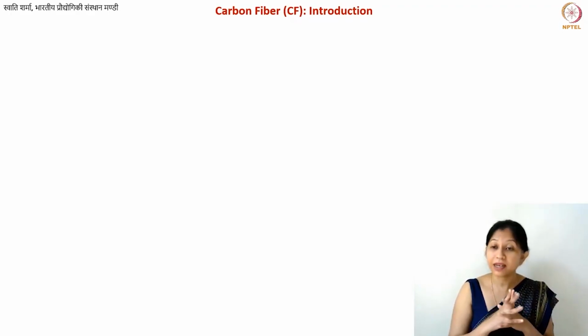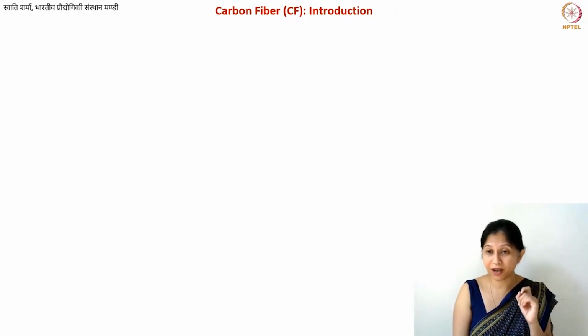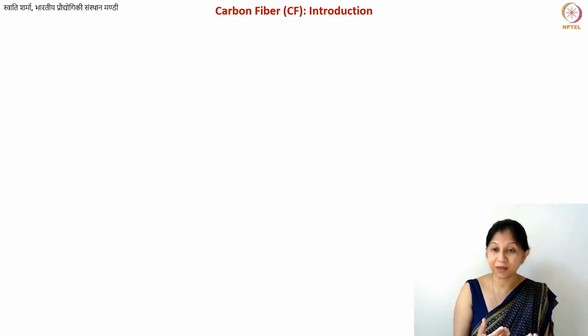But we also have the diameters of individual carbon fibers in the micro, or sometimes even in the nanoscale. So that is why I'm saying that these can be very important interfaces. You can also use them for micro nanoscale devices when you're making a sensor. For example, if you have individual nanofibers, then they can offer much higher surface area, and that is why higher sensitivity.